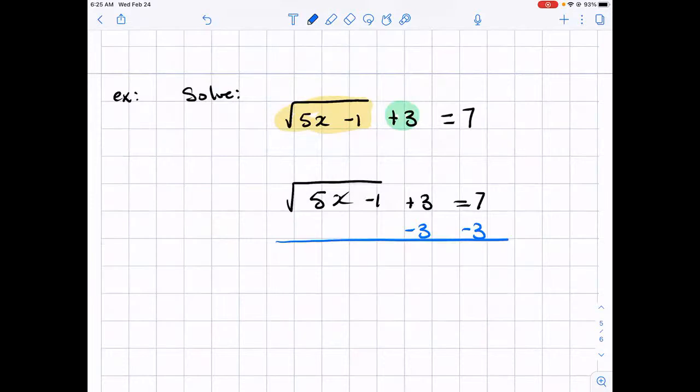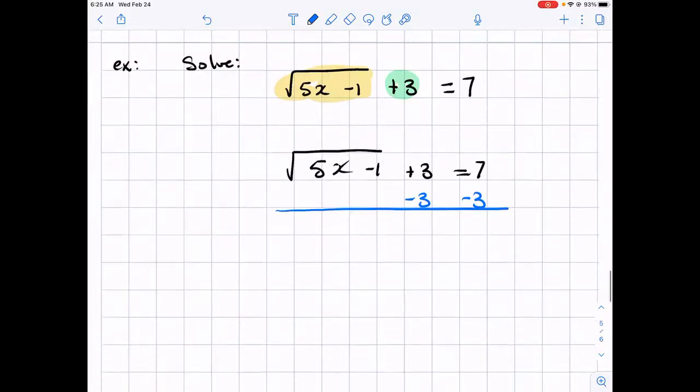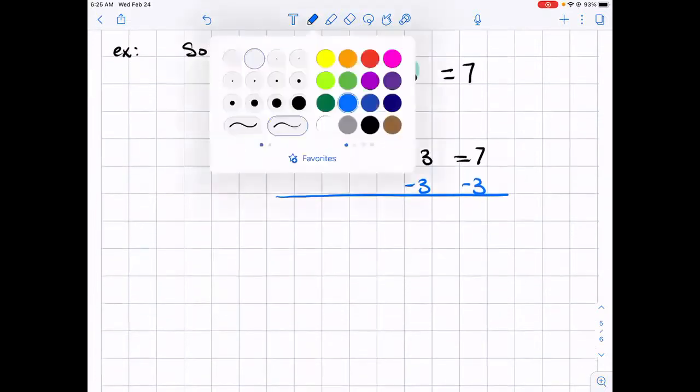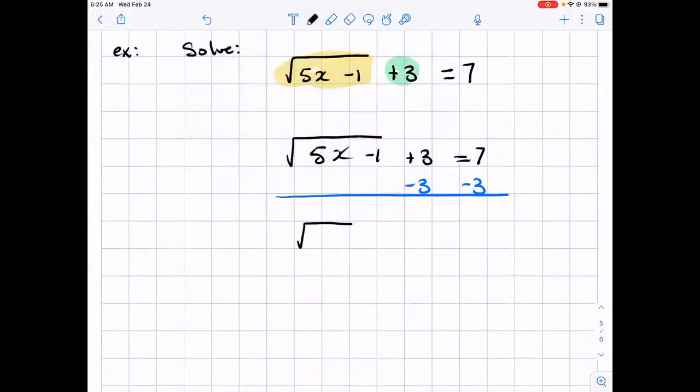So we had seen some cases before when we have to leave things by itself, right? When we solve the absolute value equation, we had to leave the absolute value by itself, right? So this becomes now the root of 5x minus 1. This plus 3 and this minus 3 becomes 0. And 7 minus 3, that is equal to 4.